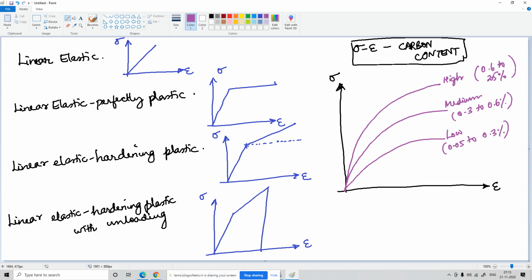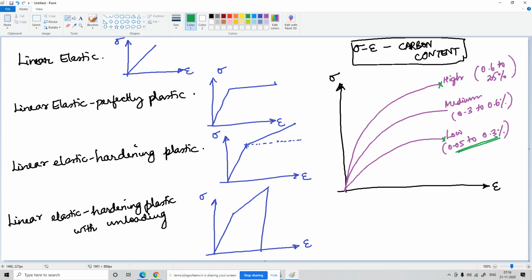Okay. So what does this graphical form say? That means when the carbon content is low, there is a low value, right? What happens as compared with the high? Hardening is occurring, but it will lead to failure at a very low stress level.